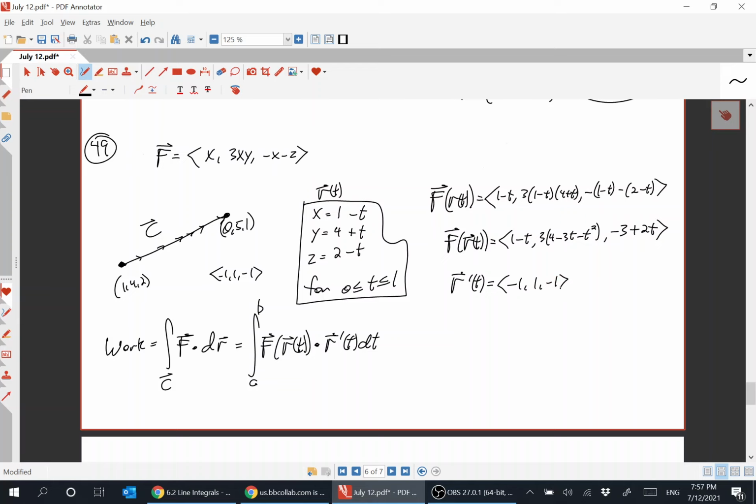So this is equal to the integral from 0 to 1 of f of r of t, which is this thing up here: 1 minus t, 12 minus 9t minus 3t squared, minus 3 plus 2t, dot minus 1, 1, minus 1, dt.